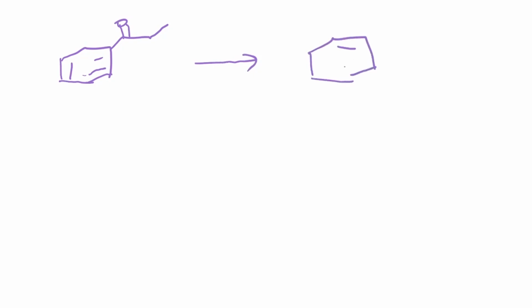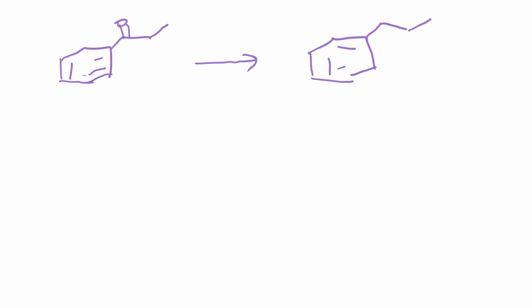Okay, now let's go to the next step. It's not difficult for us to now synthesize this molecule, which is this ketone. And now from the ketone, we need to get to the final product, which is C. We need to get here.